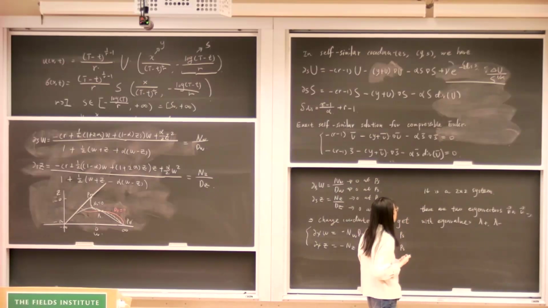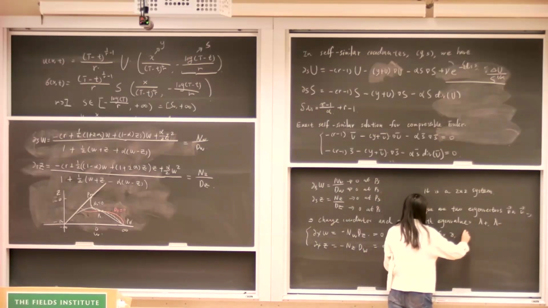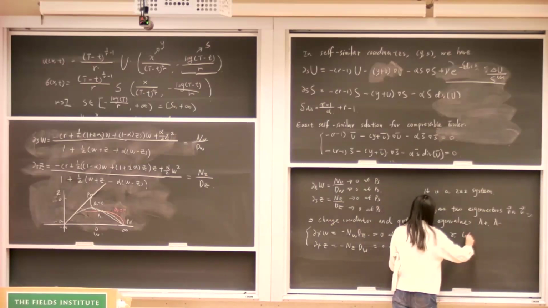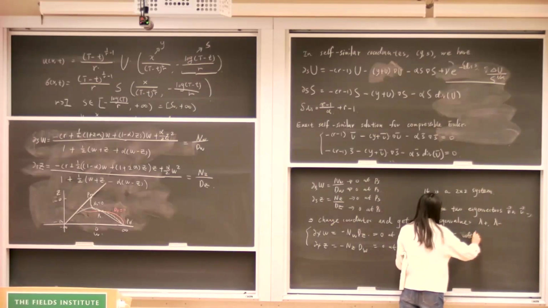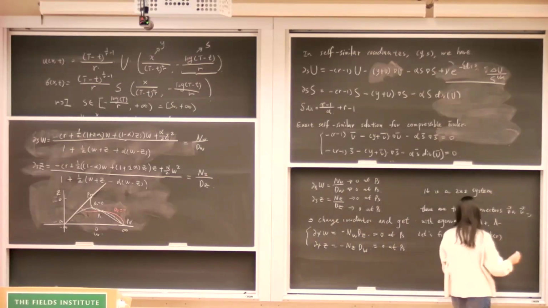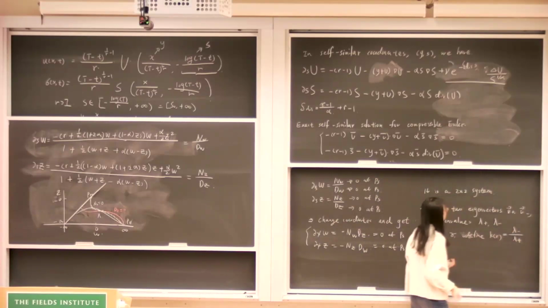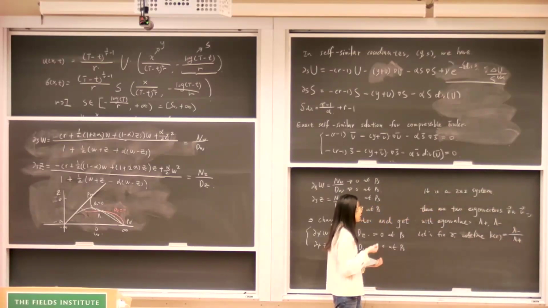So for this, you can define a function. Let's fix gamma. This physical parameter is fixed, and define k of r as the larger lambda minus over lambda plus, where lambda minus is the one with the larger absolute value.